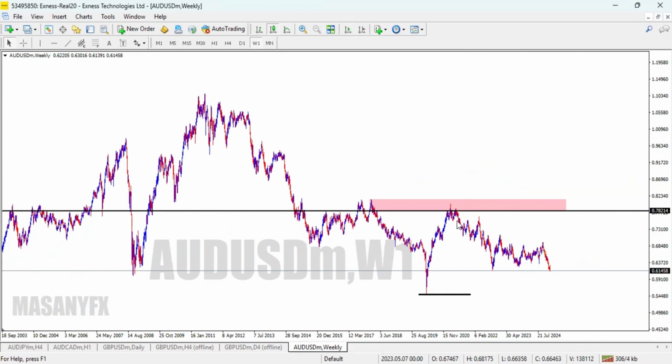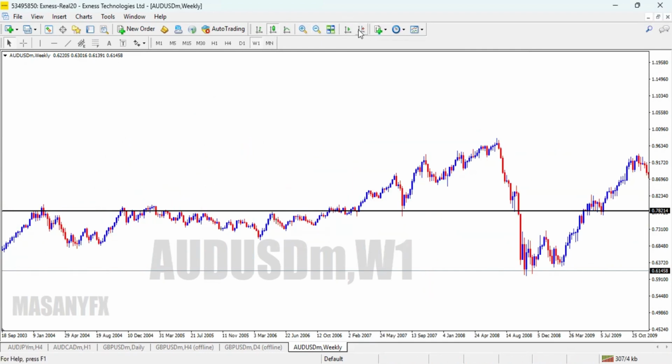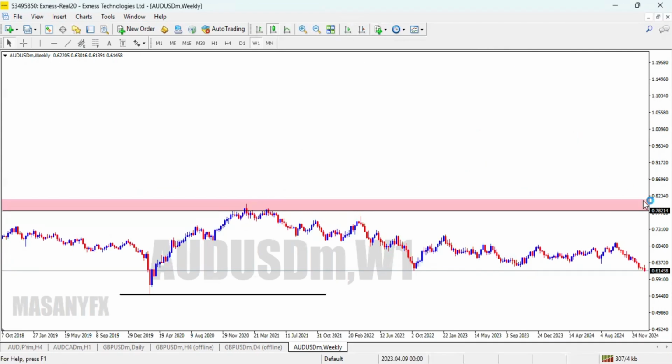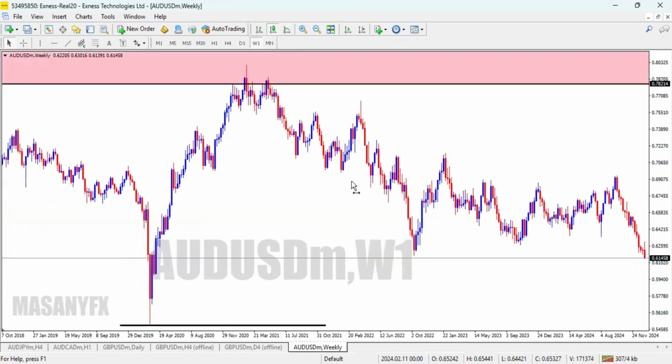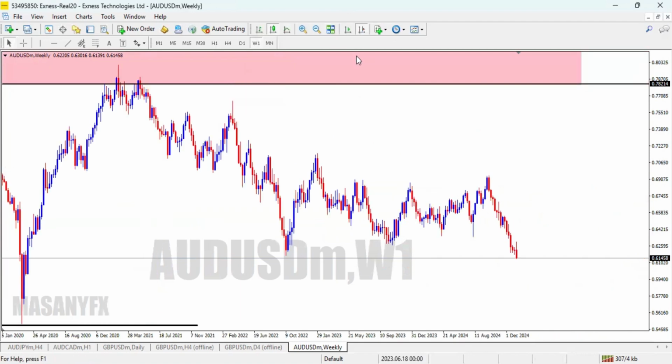What I see is price consolidating to the downside, but knowing very well that it is reacting from this supply zone here on the weekly time frame. Let me check it.